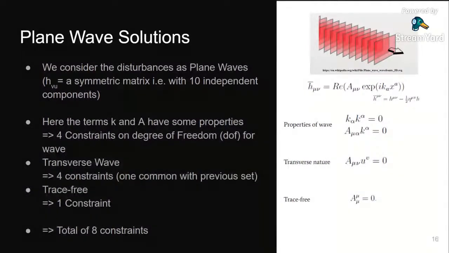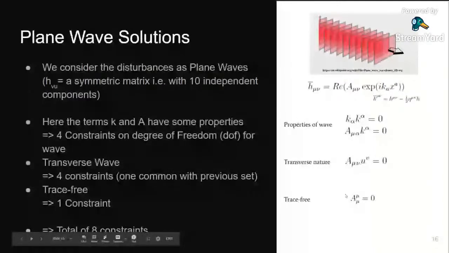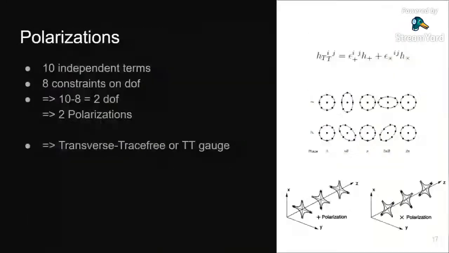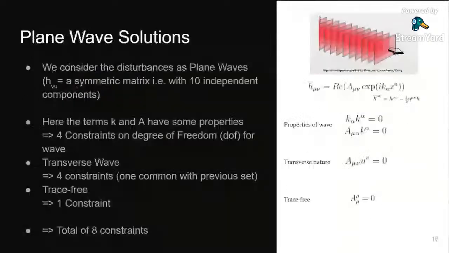And the next property of this wave is that it is trace free. This trace free condition involves a little bit of math, so we'll skip through it right now. And these sum up to a total number of 8 constraints.